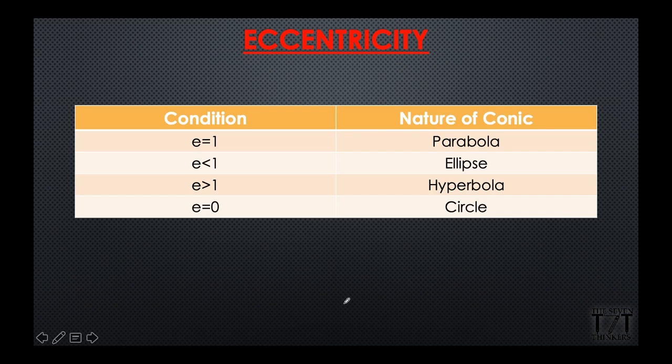E less than 1, we get an ellipse. E greater than 1, we get a hyperbola. And E is equal to 0, we get a circle. So accordingly, we're gonna prove different conic sections and we're gonna get different generalized equations of different conics just using the value of eccentricity.